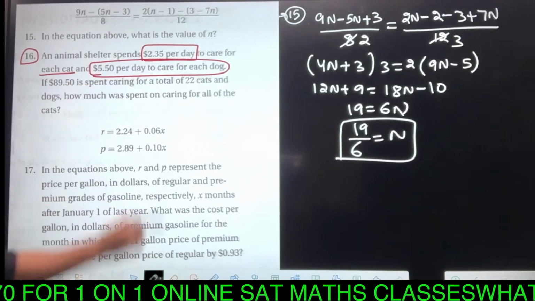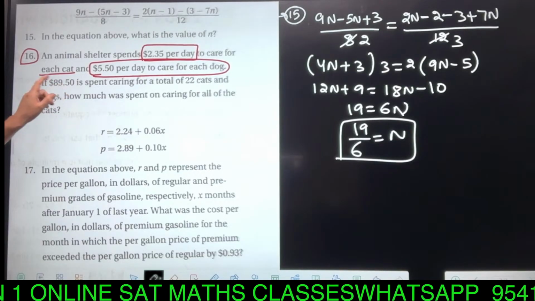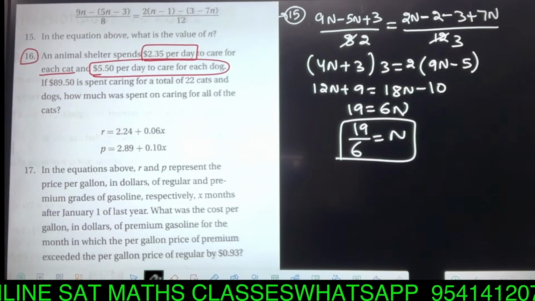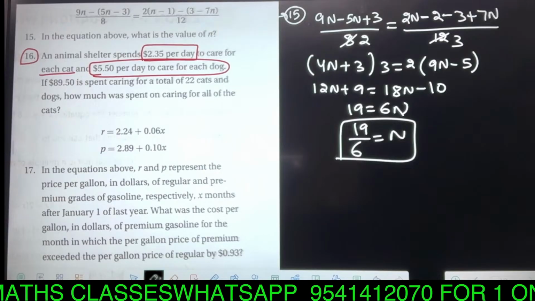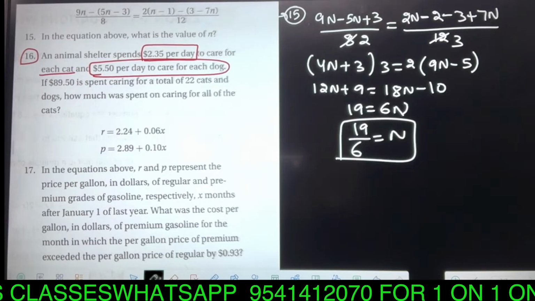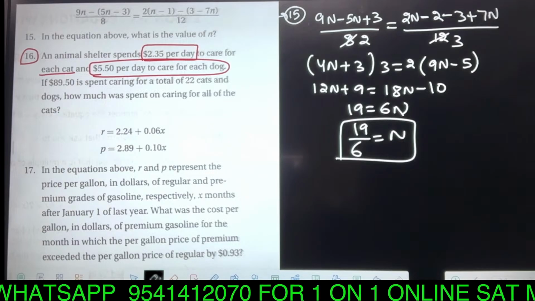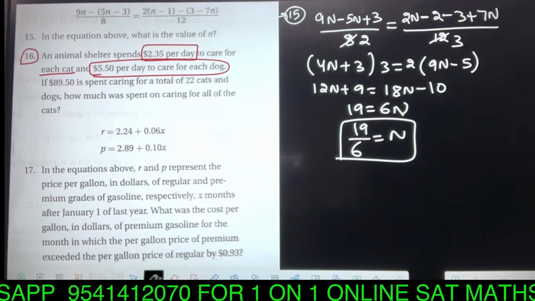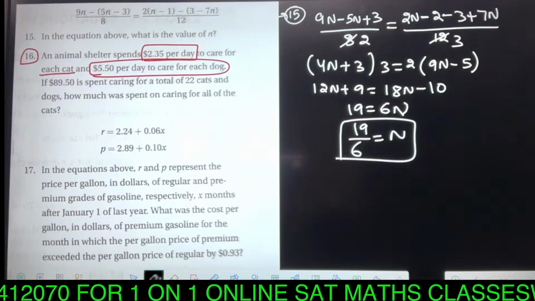If $89.50 is spent caring for a total of 22 cats and dogs, how much was spent on caring for all the cats? The number of cats and dogs is not given, but the sum is given.